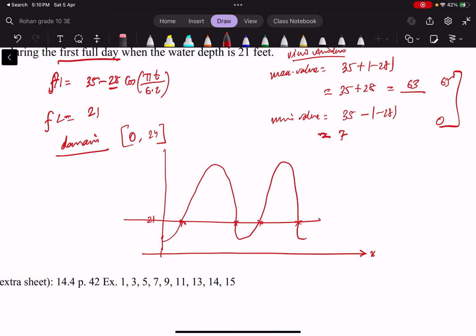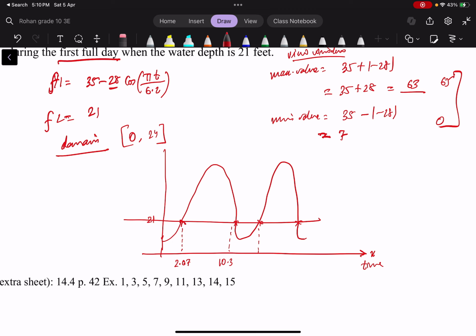On the x-axis, this is 21. The first one is at 2.07, comma 21. You don't need that, that's your time. Then 10.3, comma 21.